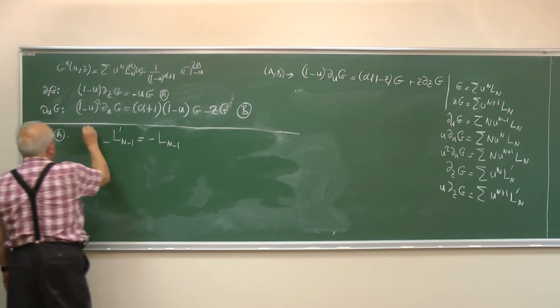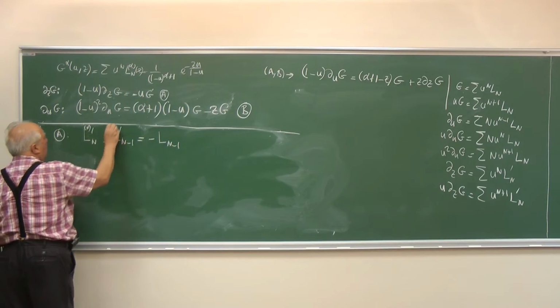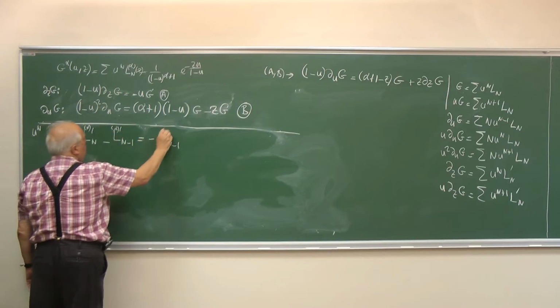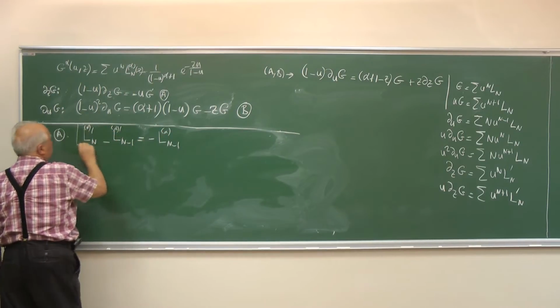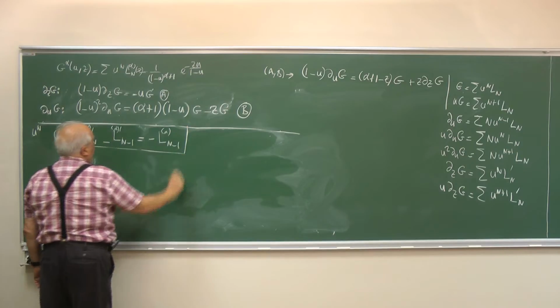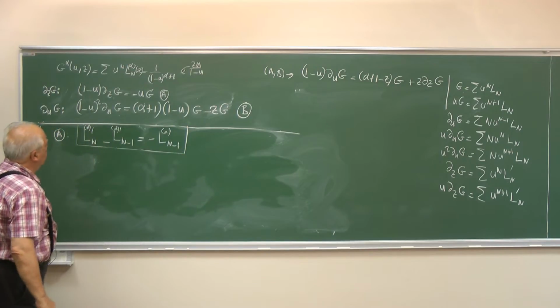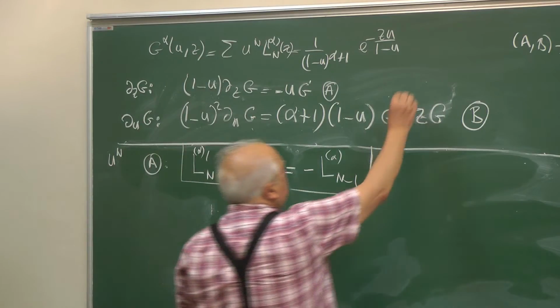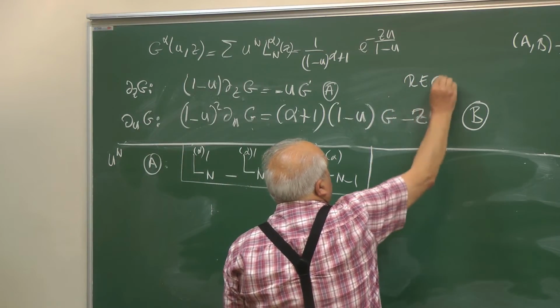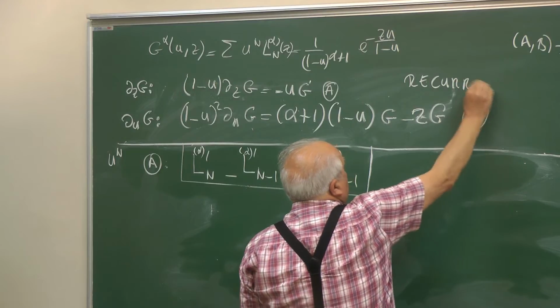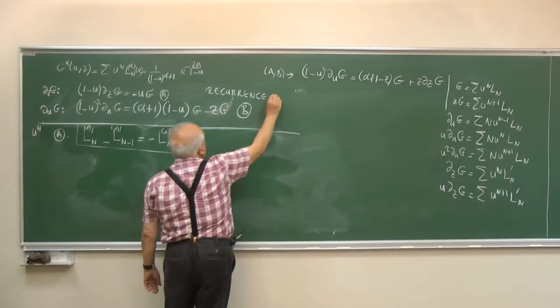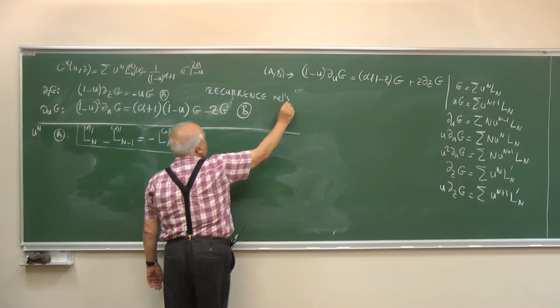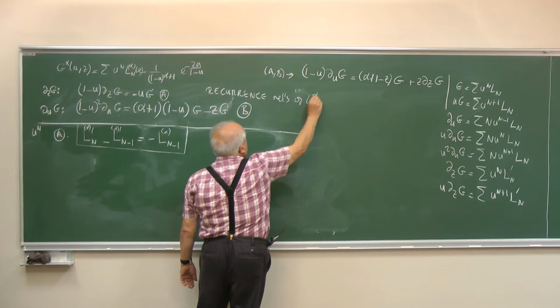Now we can put the alphas back in. All right, this is the first set of recurrence relations. By the way, what are we doing? We are trying to get the recurrence relations of L alpha n's.